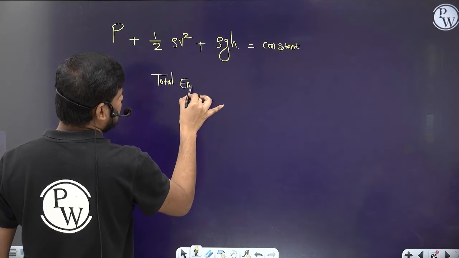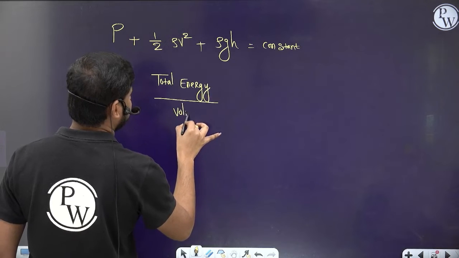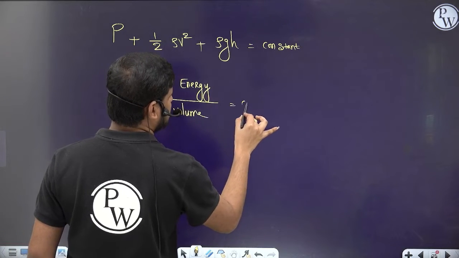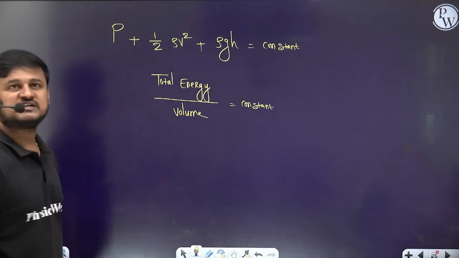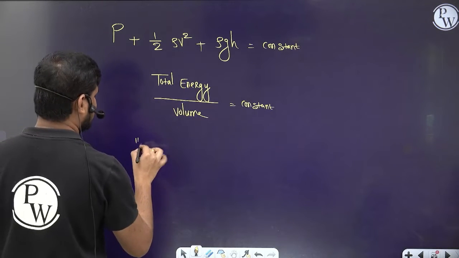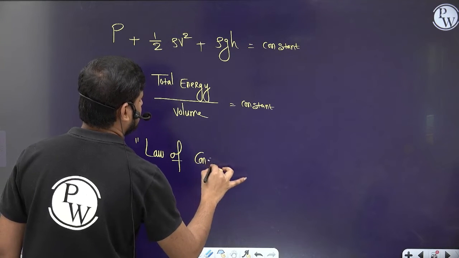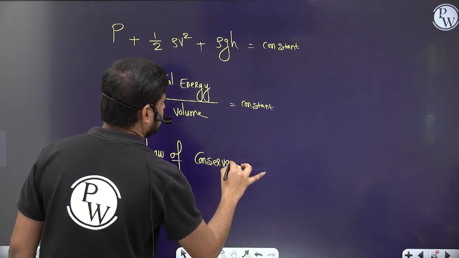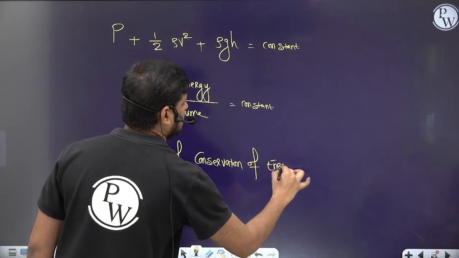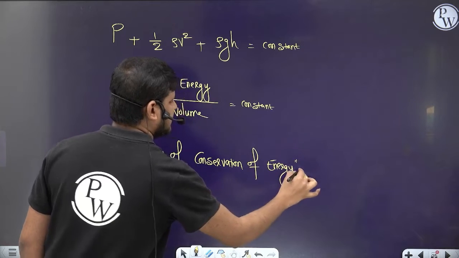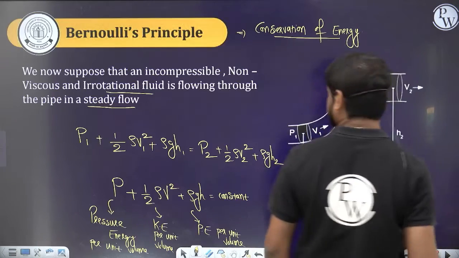The total energy per unit volume should be constant, which is nothing but the law of conservation of energy. Done? Clear, guys? Everyone? Chalo. So good, this part is done.